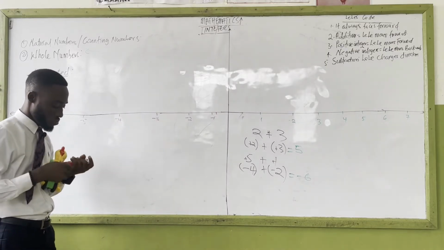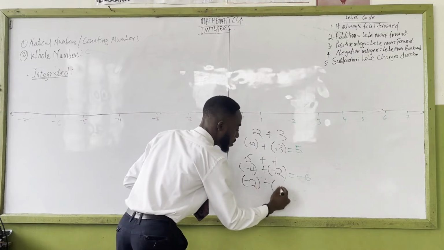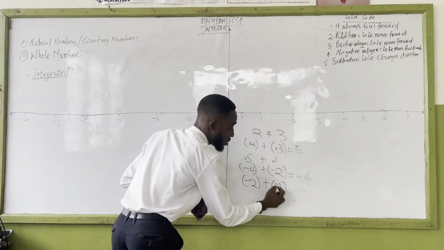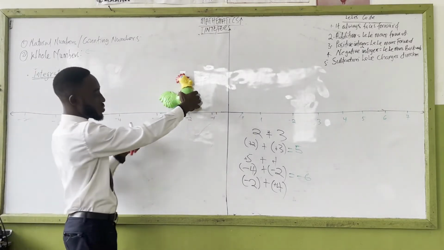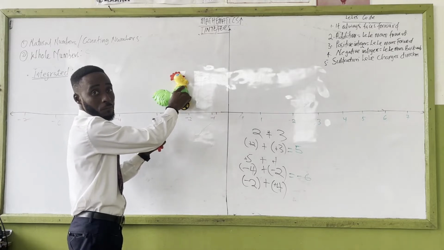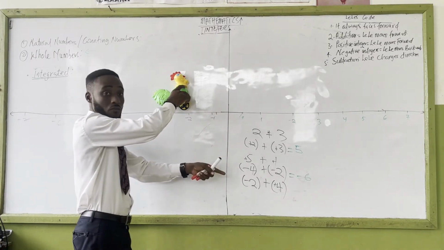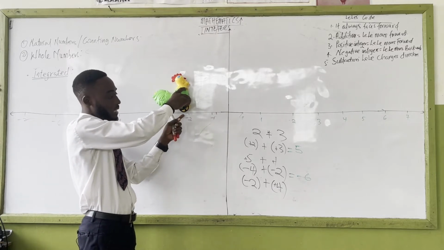Negative 2. That's quite interesting. Negative 2 plus positive 4, right? So Lele is on negative 2 and then plus positive 4. That means he's moving forward 4 times. Lele always faces forward. He begins on negative 2.